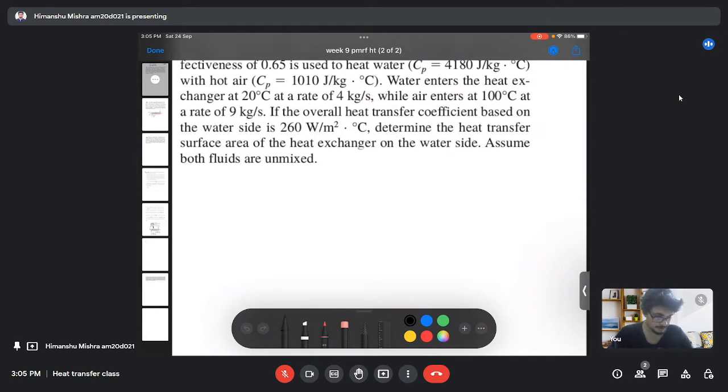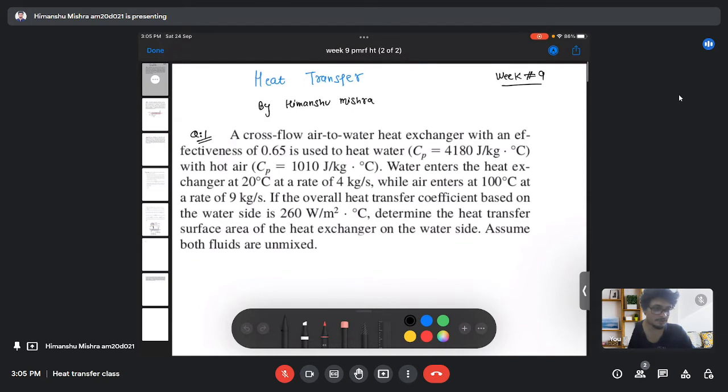Before solving this problem, we know that if we have not been given all four temperatures, we cannot use the log mean temperature difference, and therefore we need to use a different method, which is the NTU method. There are various NTU correlations based on whether the heat exchanger is parallel flow, cross flow or counter flow, and we will be using some of these correlations.